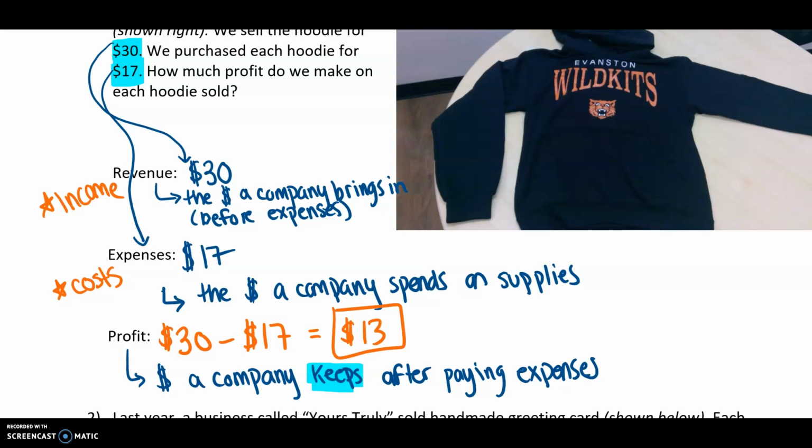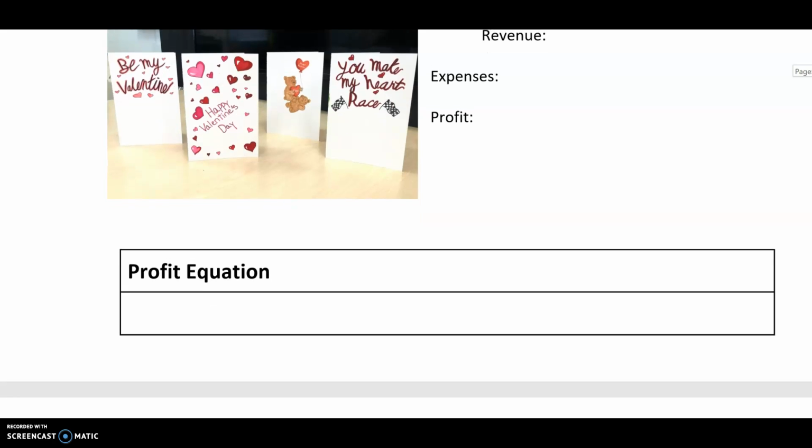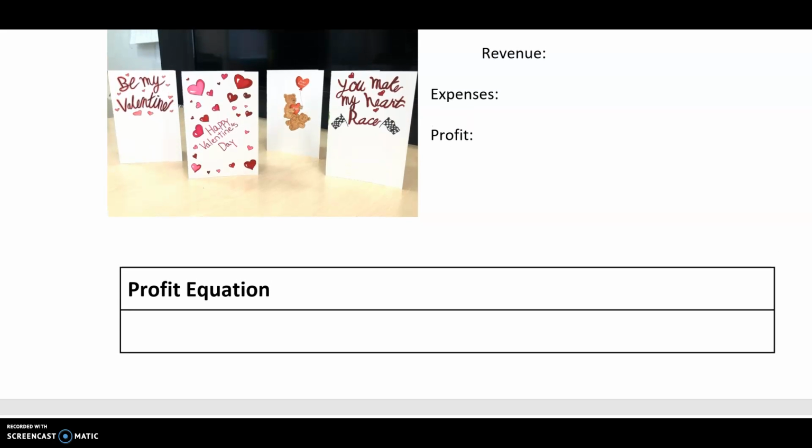Okay. To summarize that, this is your profit equation. And this is going to be super important because we talk about profit all year long because, well, business class, right? So to calculate profit, you take your revenue, which was $30 or your selling price, and you subtract your expenses.